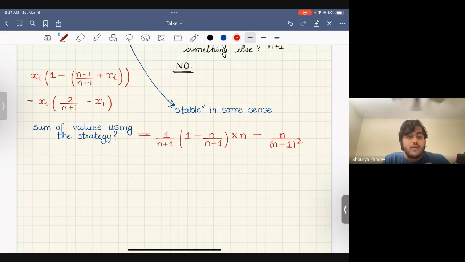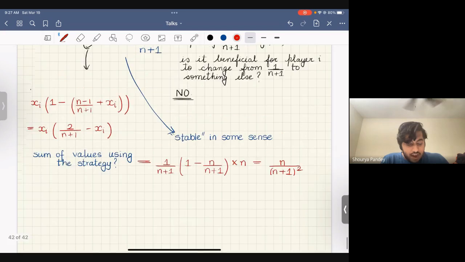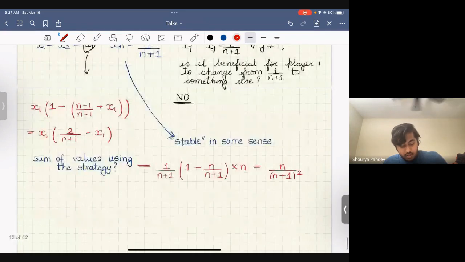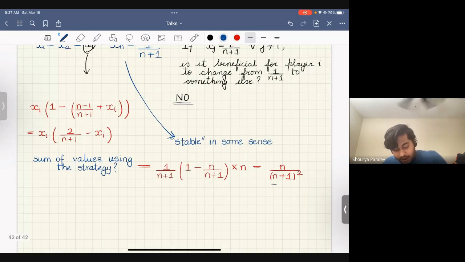But why is this so sad? It just feels as if there are n agents trying to send info, and we have this strategy which is somewhat like an equilibrium, but the overall value that they get is so poor.